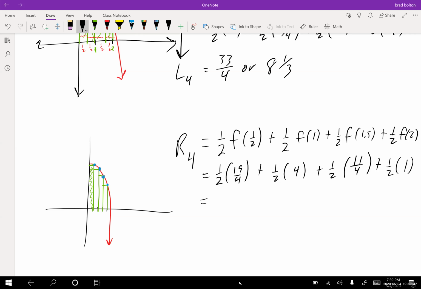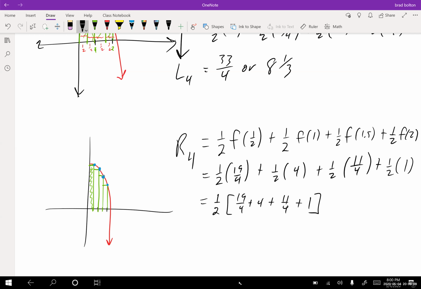So now, you know what? I'm going to factor out the 1/2. And this will be 19/4 plus 4 plus 11/4 plus 1. Let's see what that is on our calculator. 19 divided by 4, plus 4, plus 11 divided by 4, plus 1.